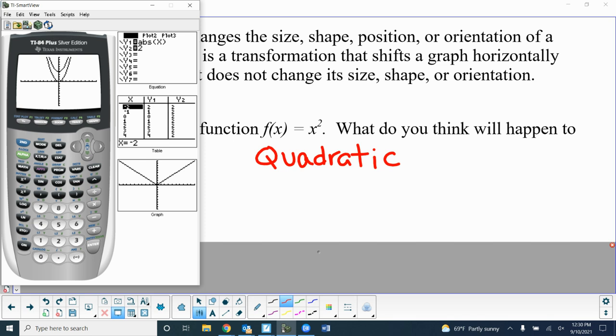Usually it'll tell me my table, and it'll show me a picture of the graph. I don't know why it didn't work.